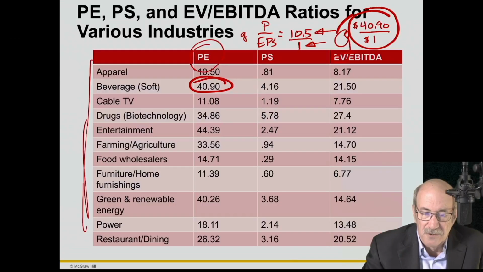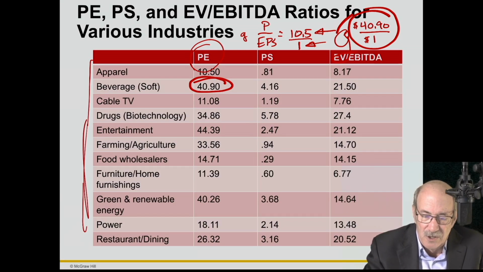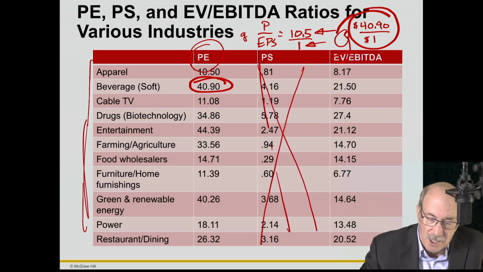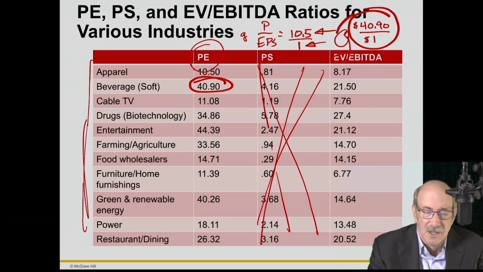But PE is by far and away the most commonly used ratio here. Price to sales is not very good. In fact, I would recommend you try to avoid even thinking about it, because it's so far up toward the top of the income statement. The way I think about this is, let's say we've got an income statement here. We've got revenue at the top.